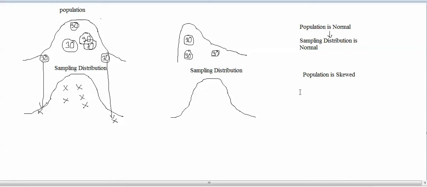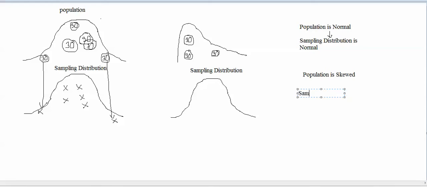The sampling distribution is at least roughly normal, or is roughly normal, when the sample size is at least 30.